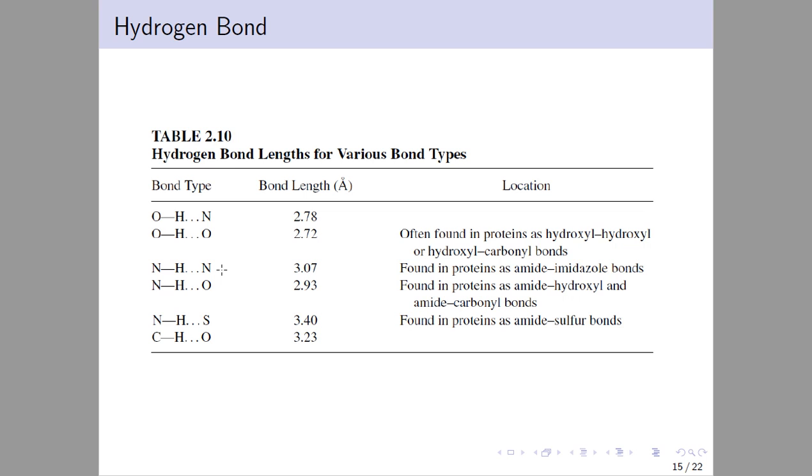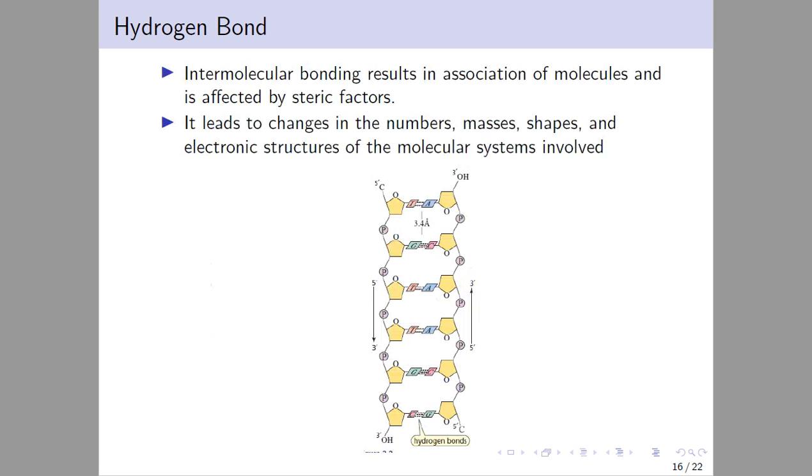Okay, so hydrogen bond helps the intermolecular bonding, resulting in association of molecules, and is affected by steric factors.